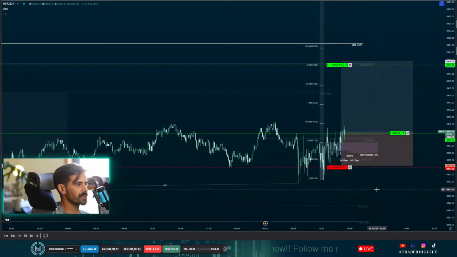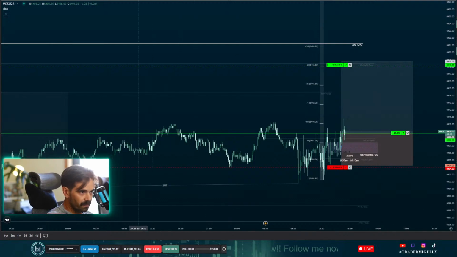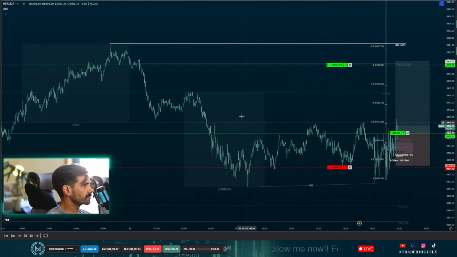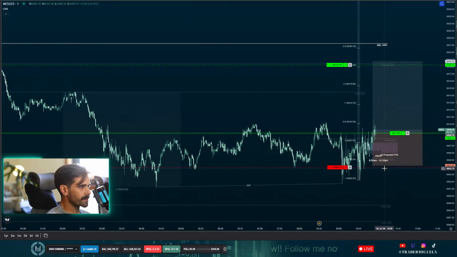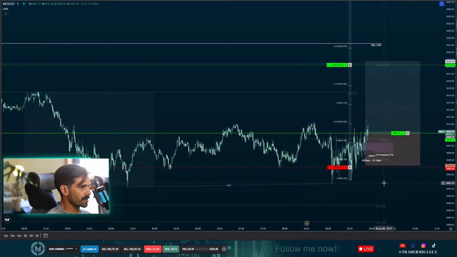NQ is approaching some buy side liquidity levels here. So it's approaching London highs, but ES is not moving at all.